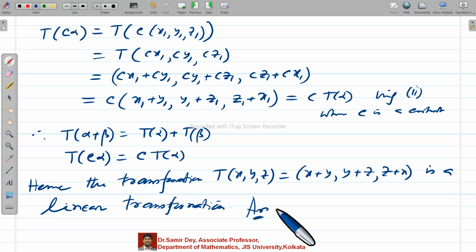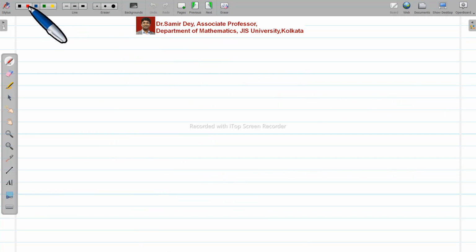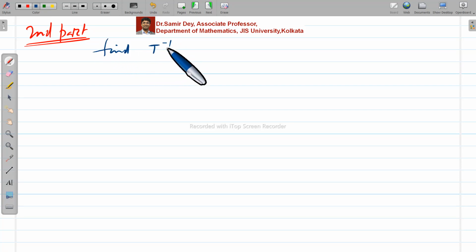We need to calculate the inverse. Okay, it's very simple, it's very easy. Okay, clear? Okay, that is the second part. There is a second part of it, that means find T inverse. Okay, so now basically T inverse means what?